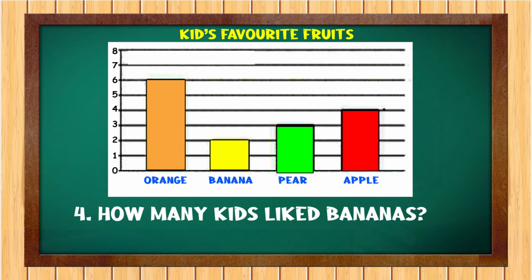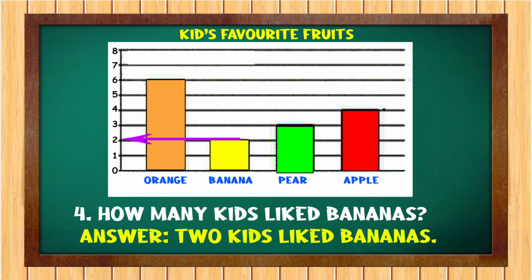Question 4, how many kids liked bananas? Two kids like bananas because the banana bar stops at numeral 2.